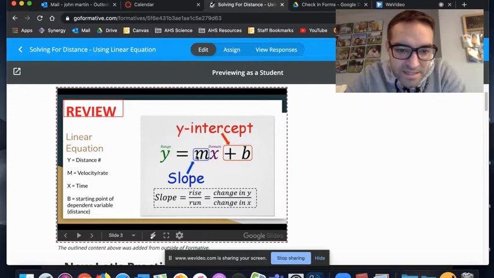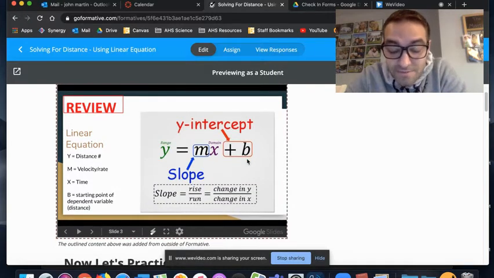And then you will be given your velocity, which is your slope, okay, velocity. And then you'll be given your time. And in some cases, you'll be given your y-intercept, which is really your starting point, right? So if the person or object starts at a current position, we might refer to it as zero.